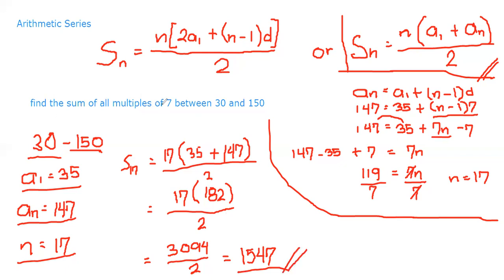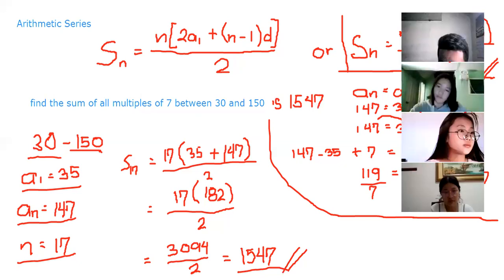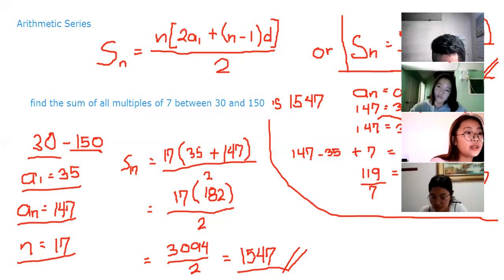So, the sum of all multiples of 7 between 30 and 150 is 1,547. Sino may tanong? Ako po. Yes? Sir, di ba po sa formula, 2A1 yun?